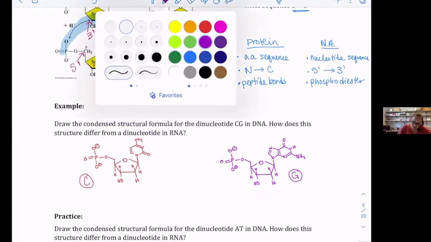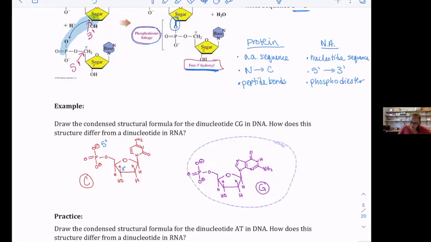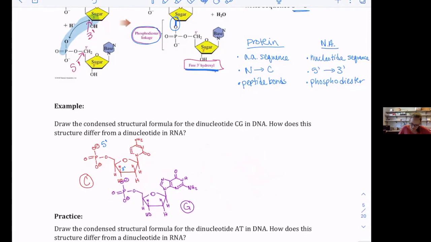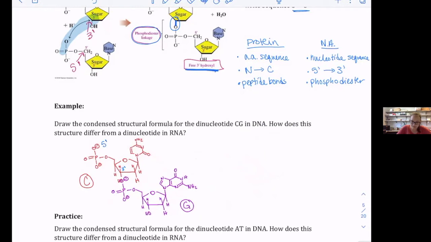Our 5' on phosphate is free, so that's where we're going to start. That is going to connect to our 3' position on the sugar. Our G next nucleotide is going to connect to the 3' position. So I'm going to move our other phosphate down, get it ready and in position. I'm going to overlap those oxygens because that is actually what's binding.